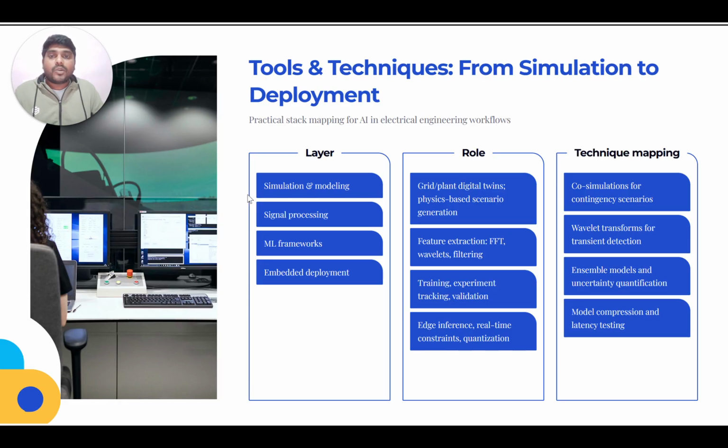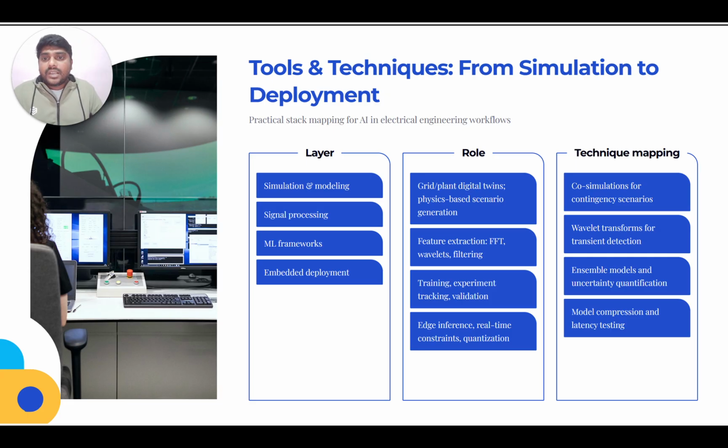In layer 2, signal processing, the role is feature extraction, including processing raw sensor data, with techniques including wavelet transforms for transient detection and simple filtering. In layer 3, machine learning frameworks, the role covers training, experiment tracking, and validation of the core models.